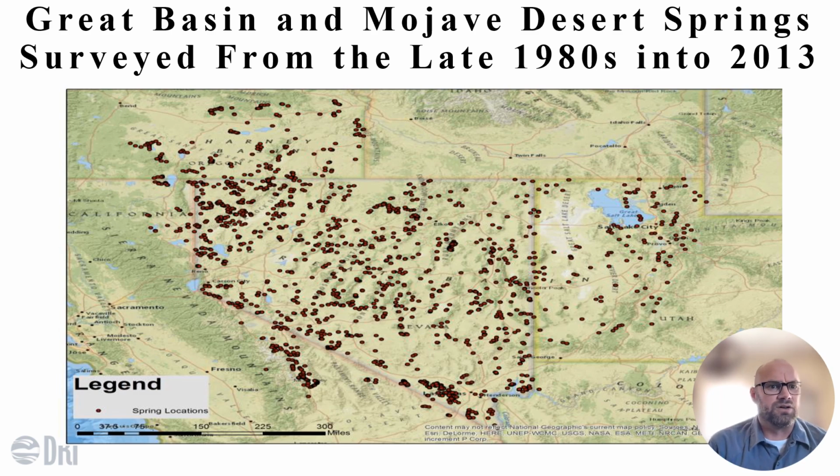A lot of these locations have simply been assessed either for the condition of the spring or, as some of you may know, Don Sada's focus on presence-absence of Pyrgulopsis snails. But we wanted to take all this data, and particularly the data that did have the use or the condition of the spring, and look at it all together.